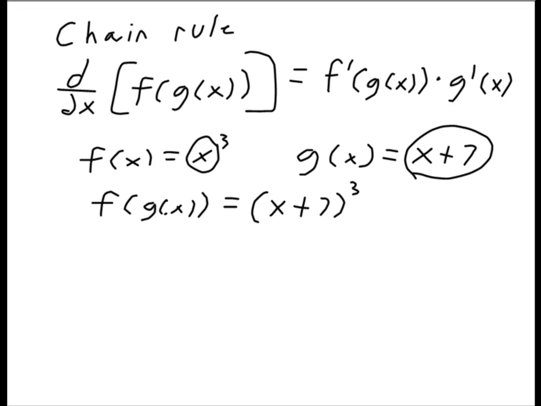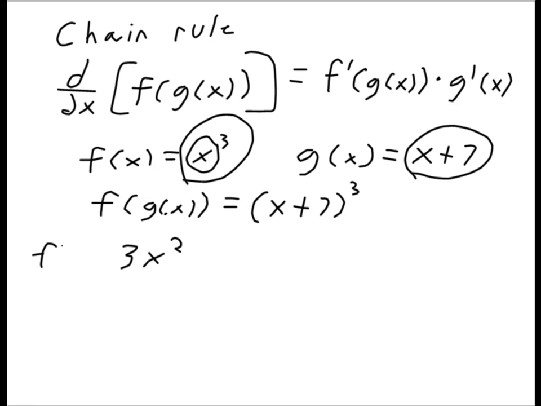Well, the chain rule allows us to take the derivative of a function like this. So the chain rule tells us that the derivative would be f prime of g of x times g prime of x. So in this example, f prime of x would be 3x squared, just taking the derivative of this function.